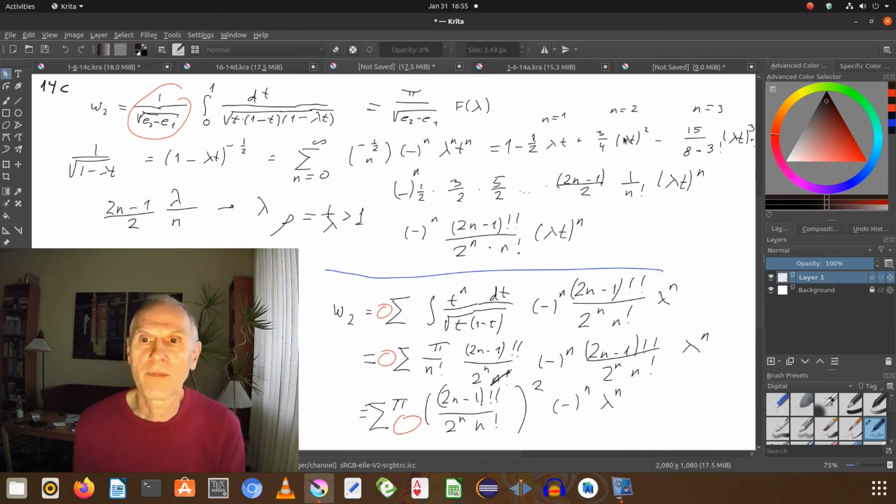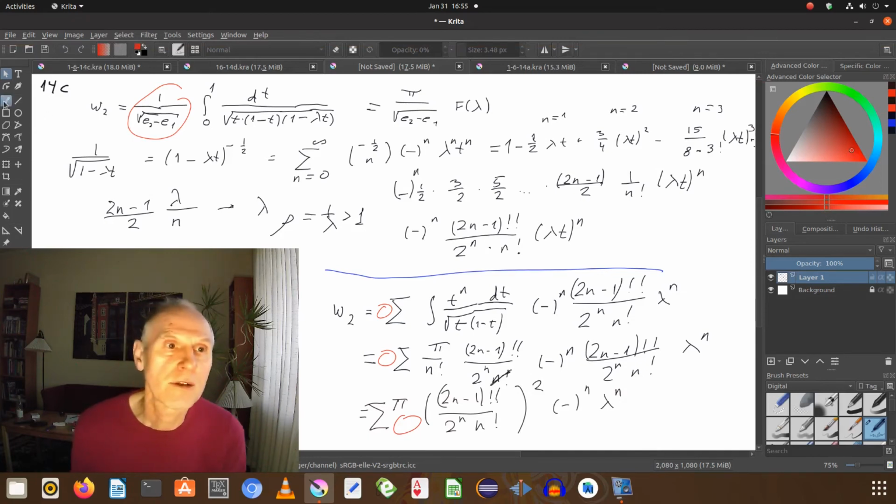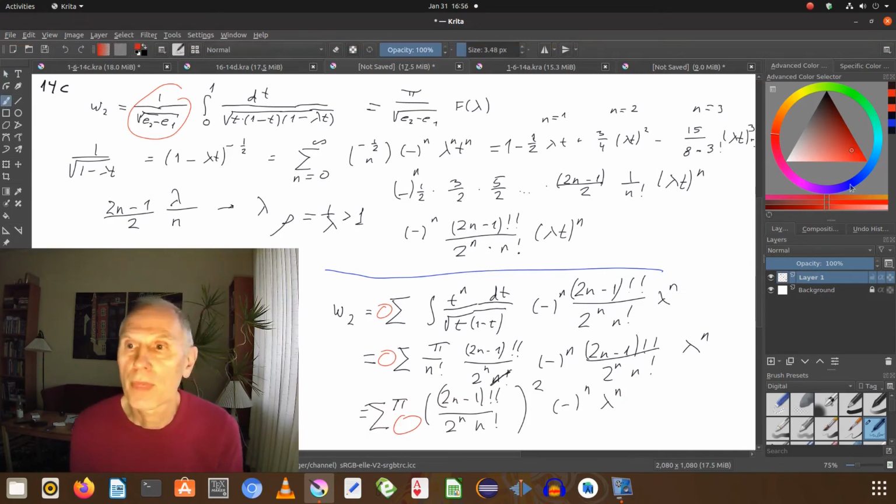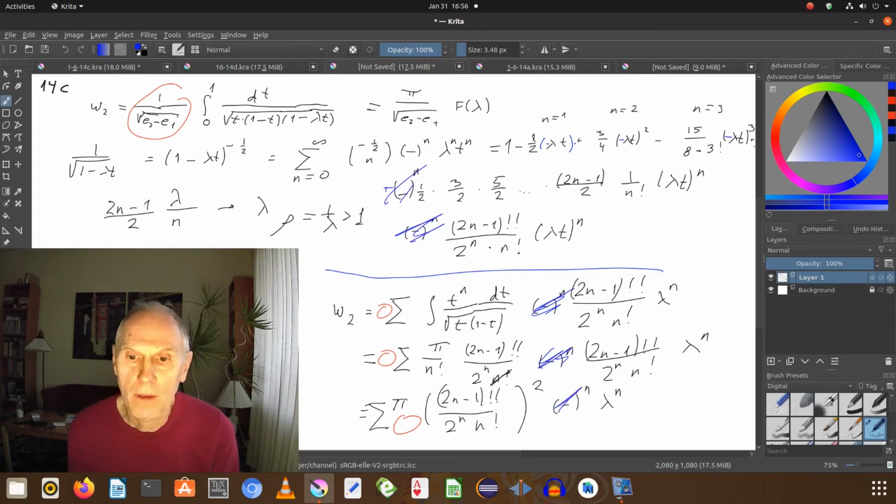So we should have a minus in here all the way, so it should be plus all the way through. So I'll just do it here. It's minus lambda t, minus lambda t, minus lambda t, so it becomes plus all the way through. There we go.